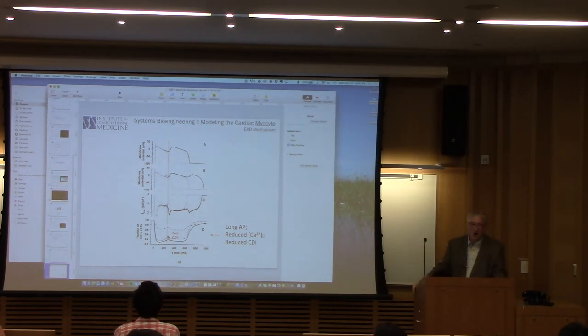And the list just goes on and on of all the things that could be perturbed in myocytes that might make this happen. And so this is a very general mechanism by which cellular arrhythmias arise. And if this happens synchronously in a critical mass of myocardium, that could trigger an arrhythmia.